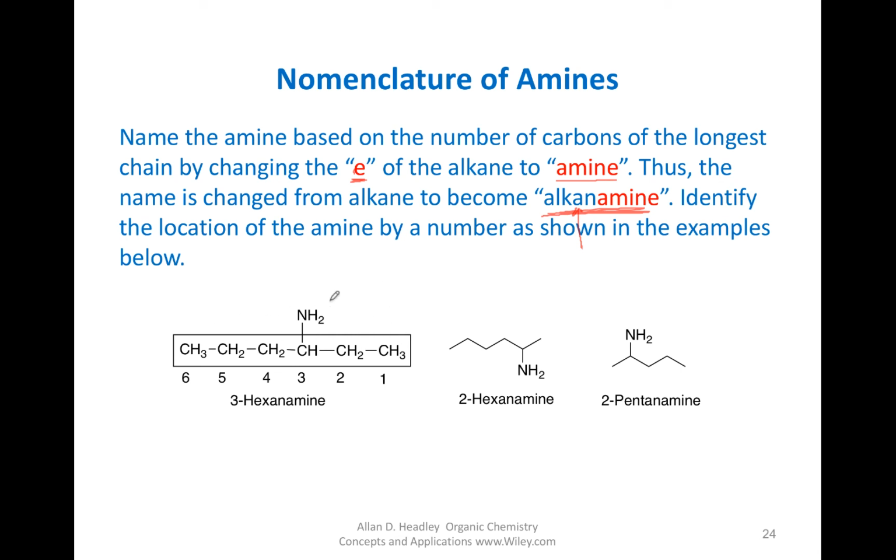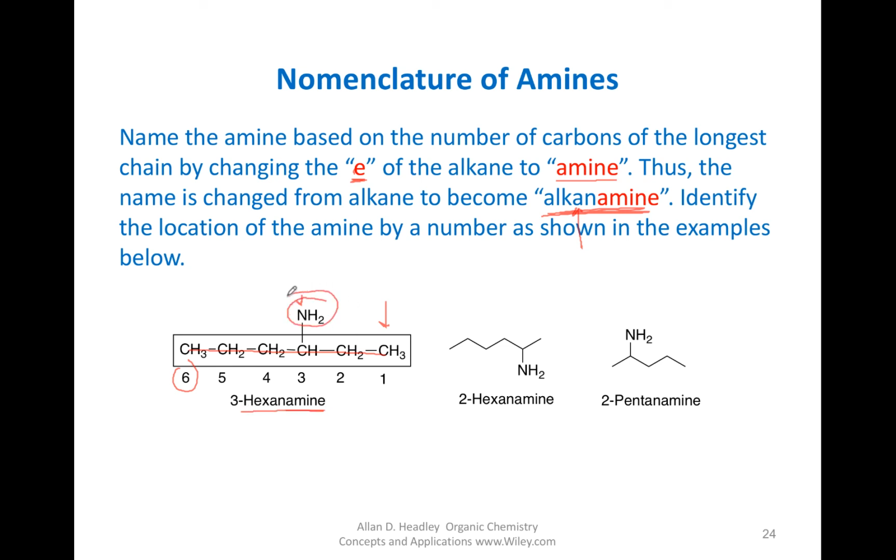So let's see if we can name this molecule. Again, we start at this end because it is closest to the amine functionality. So 1, 2, 3, 4, 5, 6. 6 would be hexane as a starting point or the parent. We change the E of the hexane to amine, so it becomes hexanamine.